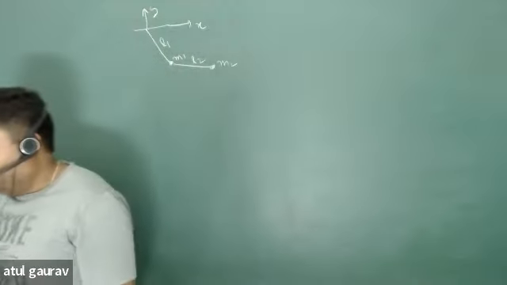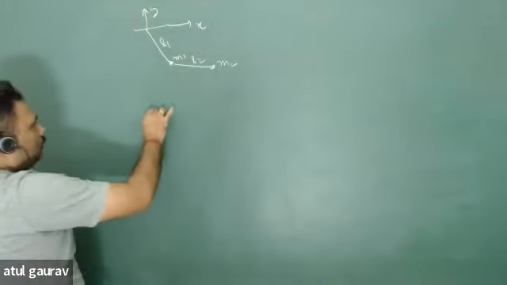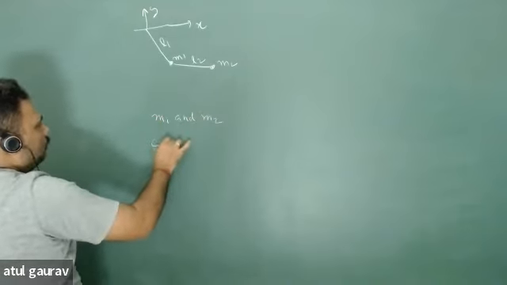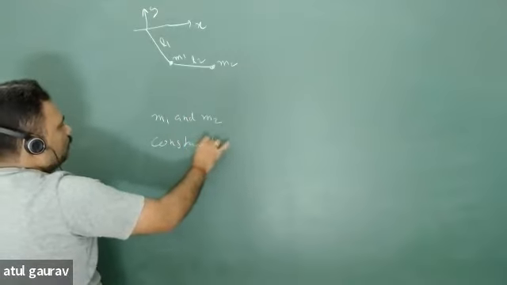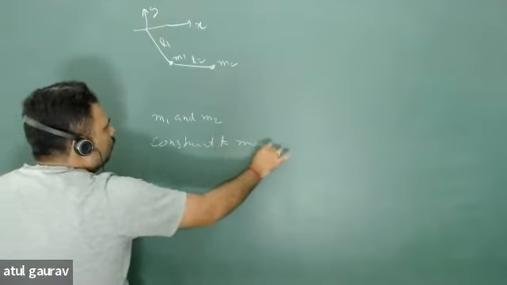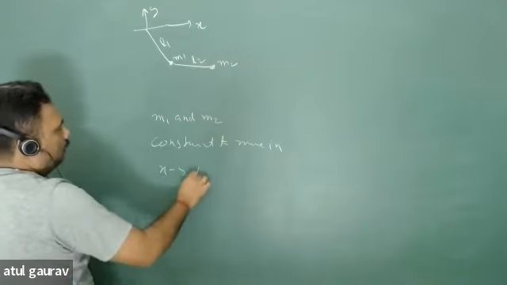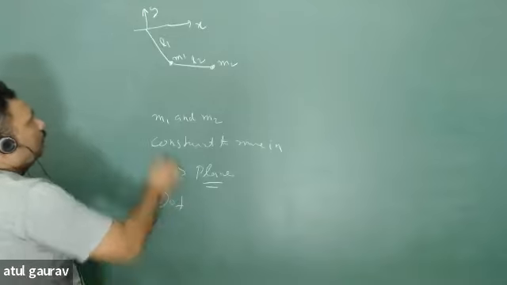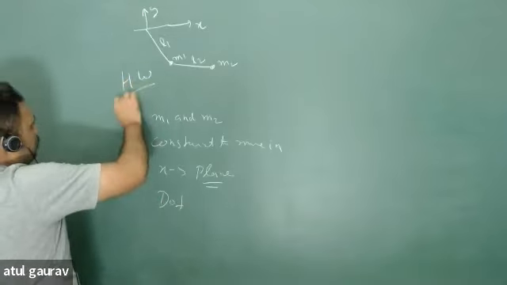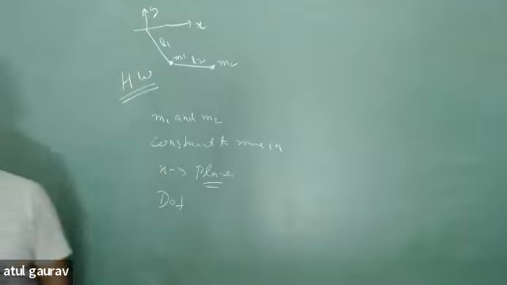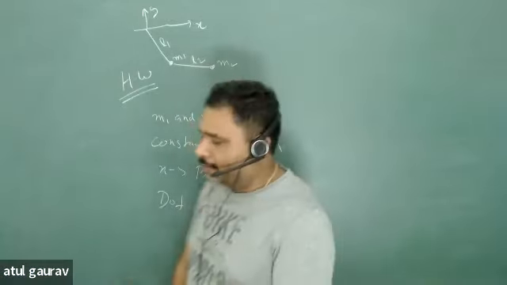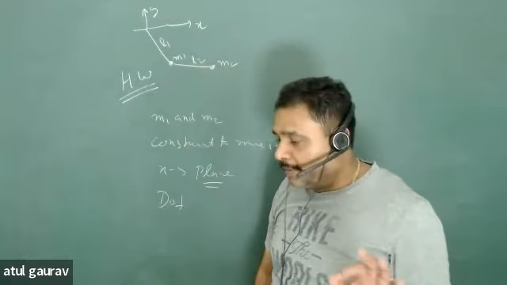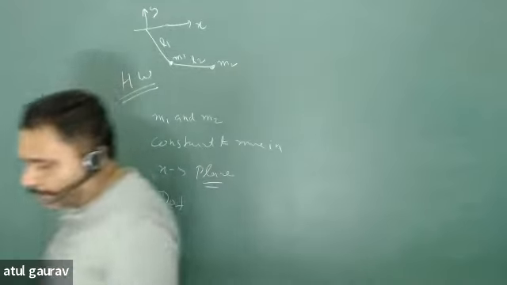Both masses m1 and m2 are constrained to move in the xy plane. You have to find the degree of freedom. This is your homework. Out of all 19, one is me, so at least 18 or 17 people have to give me this solution. Please do it. It is my request to you.